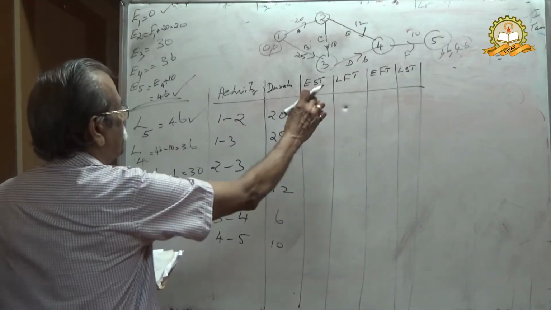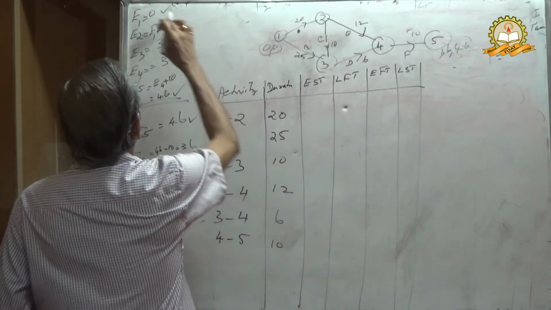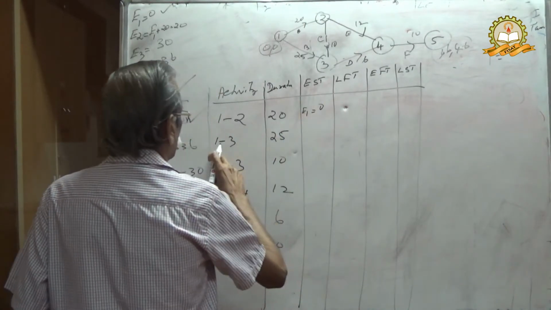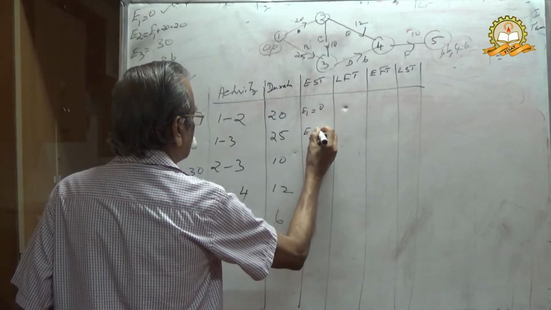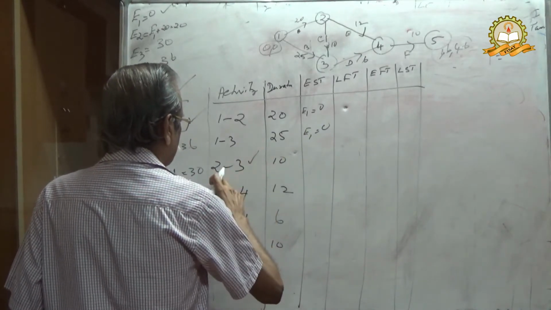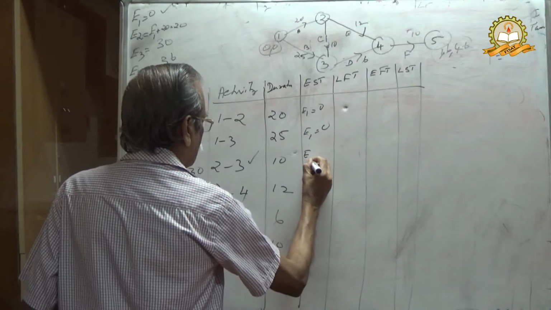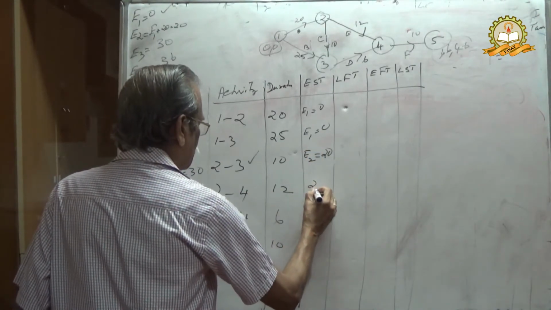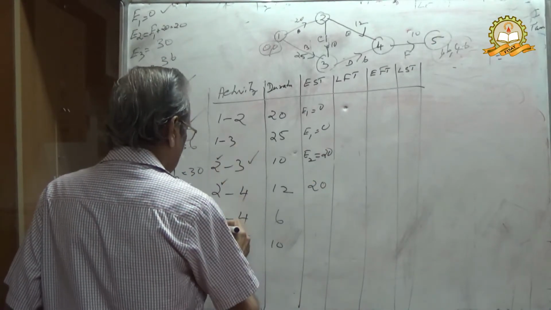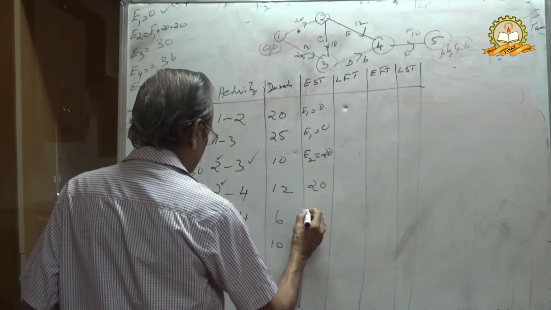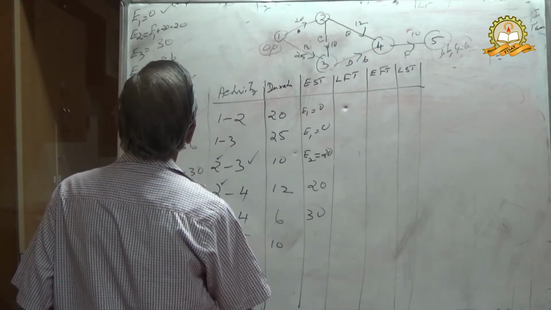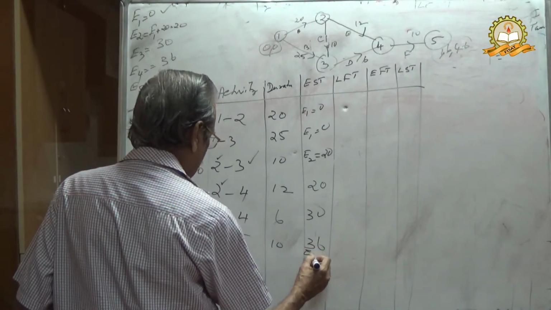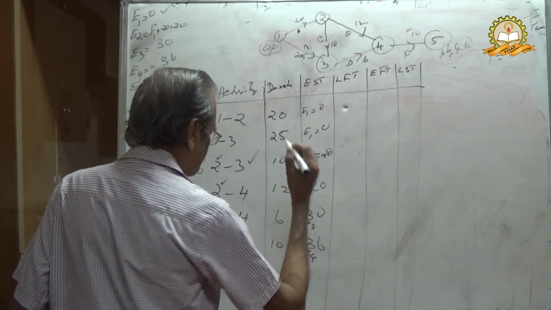Then EST, early start time: E1 is 0 for 1-2, E1 0 for 1-3, E2 equal to 20 for 2-3, E2 20 for 2-4, E3 30 for 3-4, and E4 36 for 4-5.